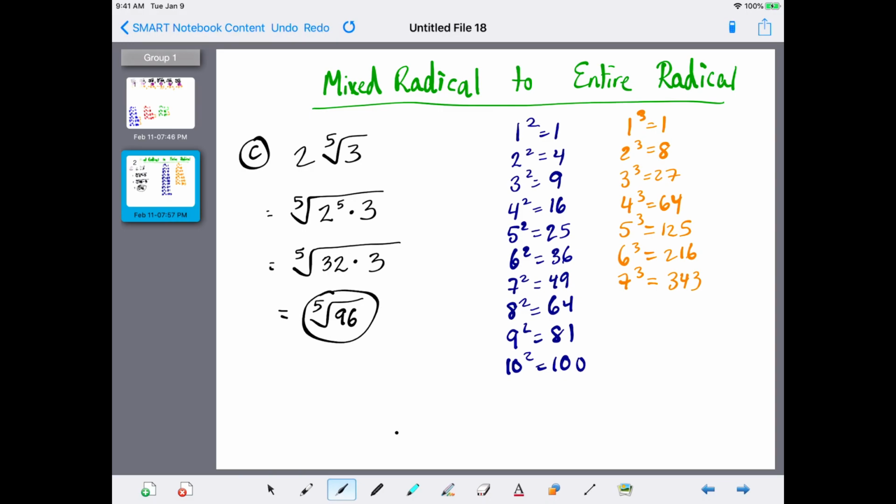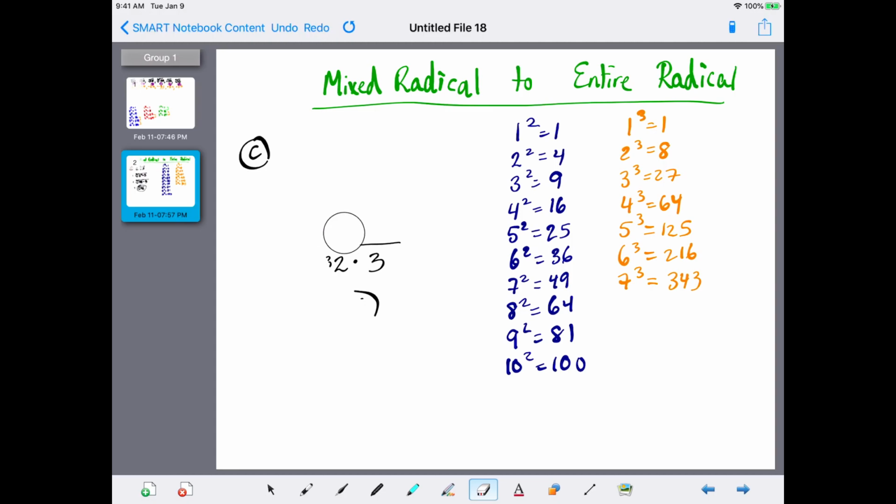So we're left with an answer of the 5th root of 96, which is now an entire radical. And let's do one more example.